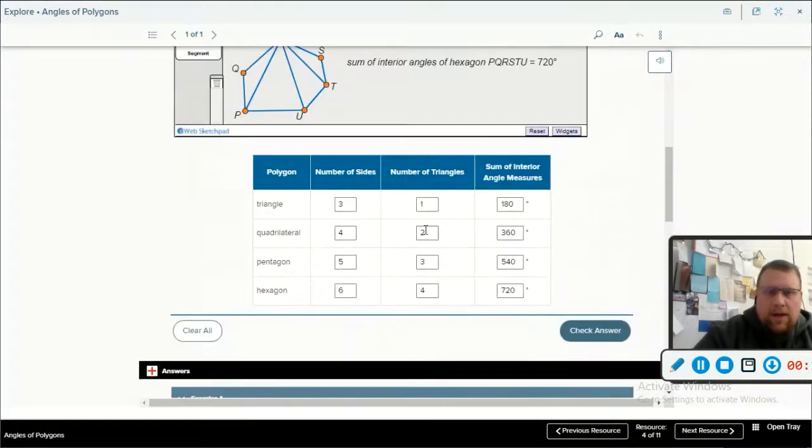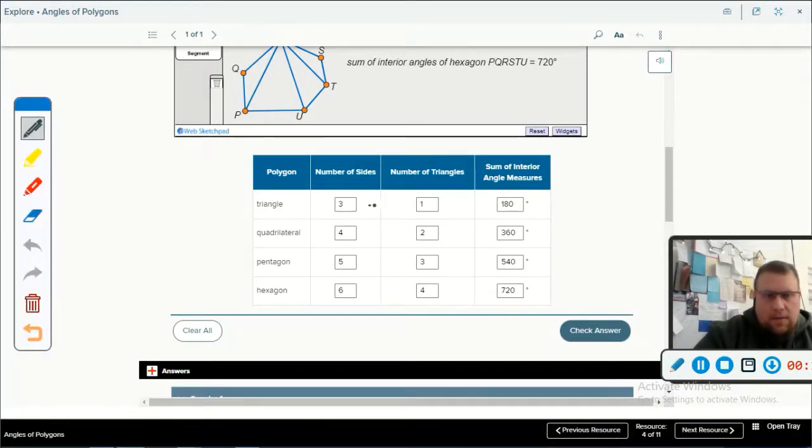Well, let's see if it's minus 2 and then times 180. So again, minus 2 gets me to 2, and then 2 times 180 is 360. 5 minus 2 is 3, times 180 is 540.